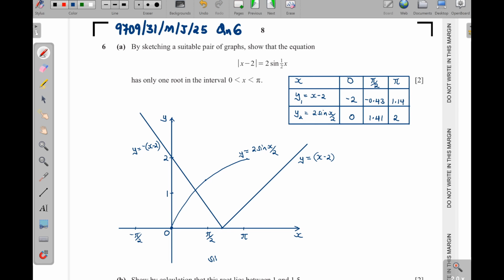So I can conclude and say, since there is one point of intersection, then there is one root in the interval, x ranging from 0 to pi. That is that.